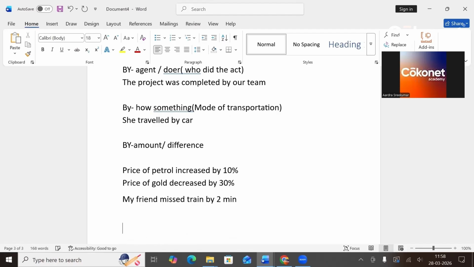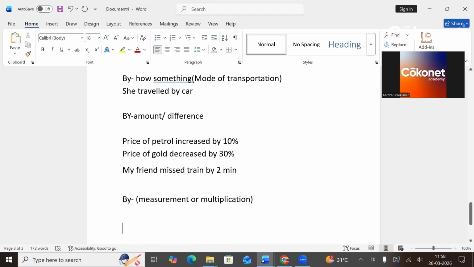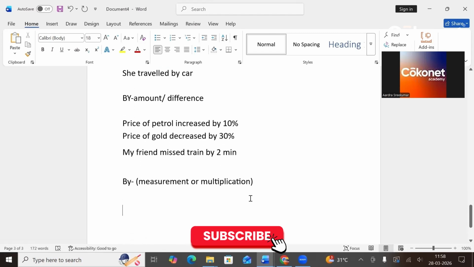Again, you have got some more. For example, for measurement and multiplication, that's another common use. For measurement or multiplication, very common. Think about an example. Very simple, right? 5 multiplied by 3 is what? 15.